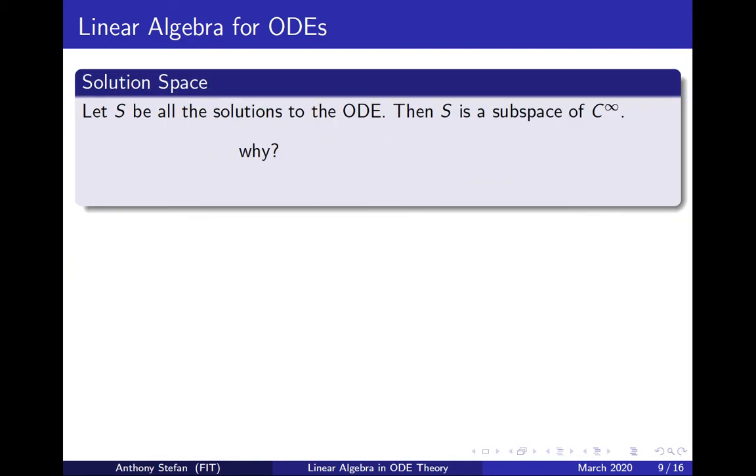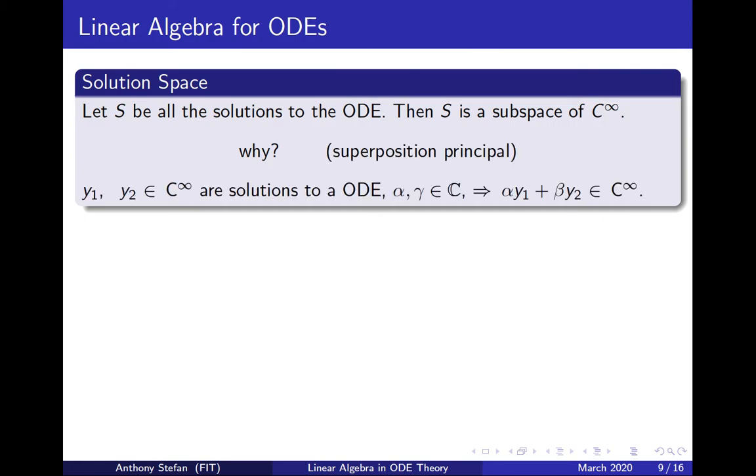So now something that's very interesting and what we really want to investigate is, let S be all the solutions to our ODE. Then S is a subspace of C infinity. Now why would we be able to state this? The superposition principle states that this is true, because let y1 and y2 be solutions to the ODE.